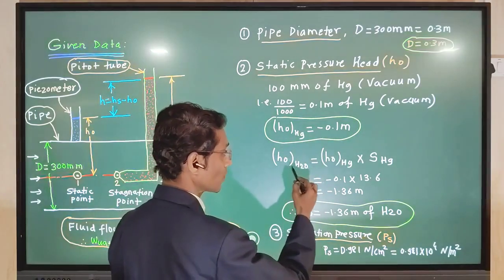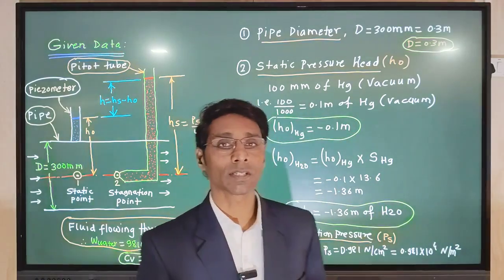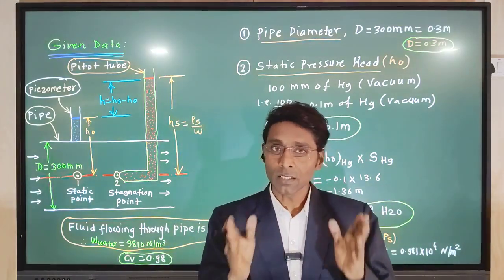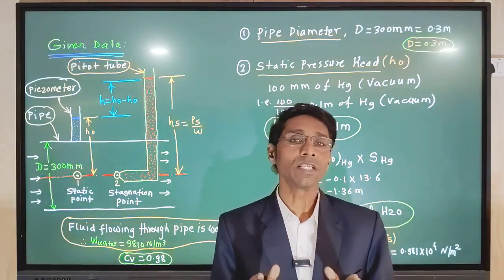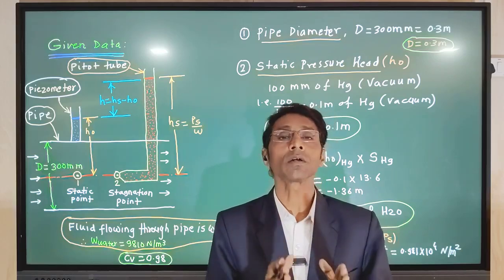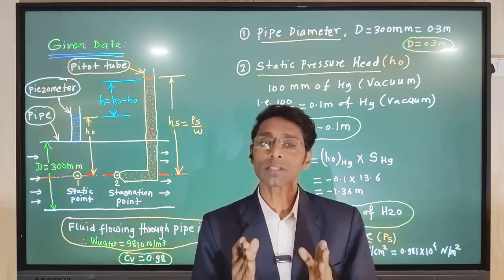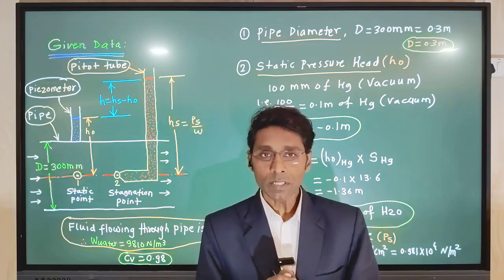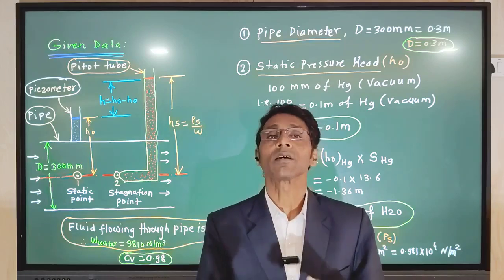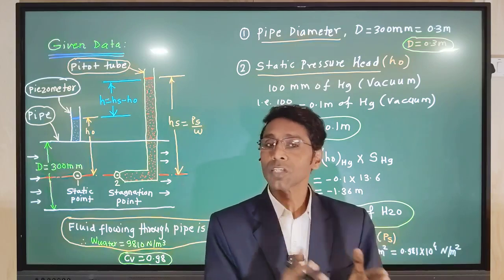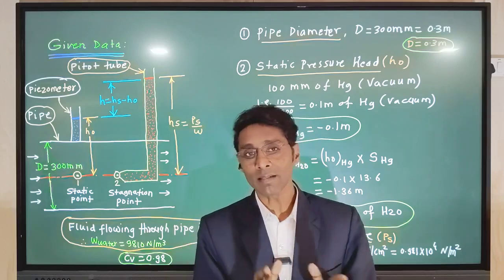Now we have to convert this value from mercury column to water column. For that purpose we can use this formula. This formula is based on the concept in fluid mechanics module one, that is fluid properties. There we have seen the density of water is 1000 kg per meter cube and the density of mercury is 13,600 kg per meter cube. This means the density of mercury is 13.6 times the density of water, so mercury is 13.6 times heavier than water.